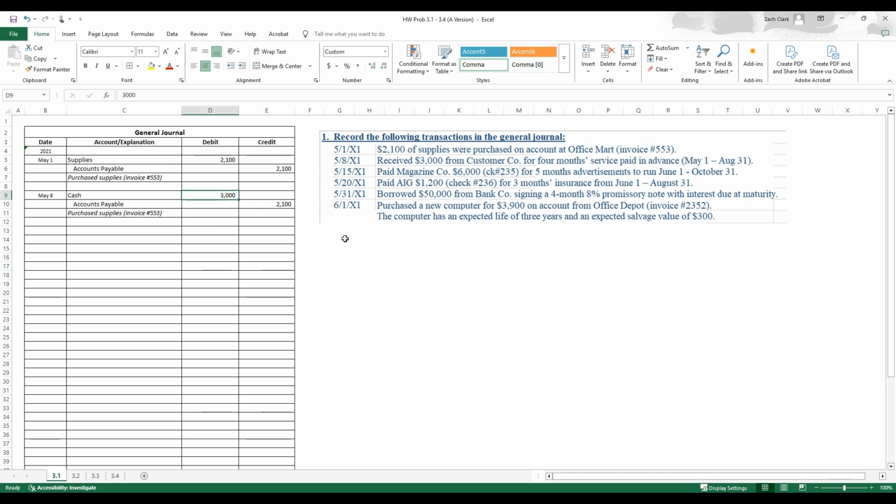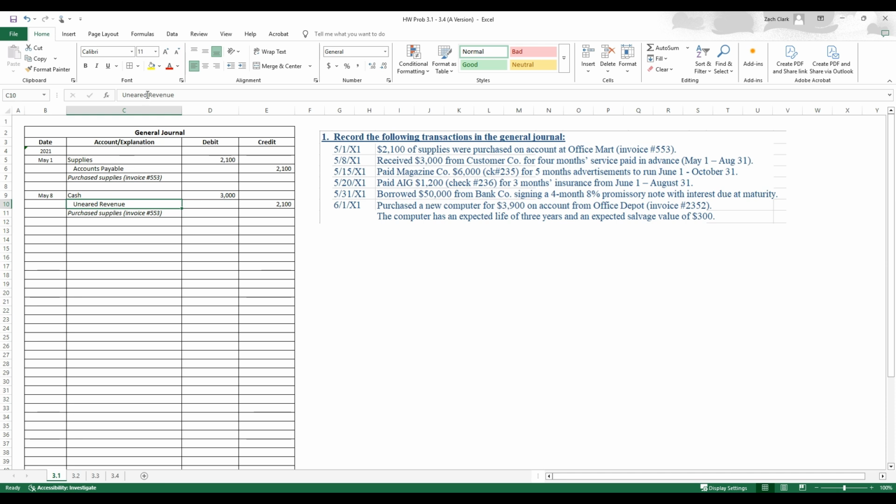If you did a real quick calculation just to get this in our mind, if we take 3,000 divided by 4, it's $750. So they're paying us for 4 months' worth of service at $750 a month, and that totals up to $3,000. And it's not accounts receivable, but it is a liability account, and that is unearned revenue.